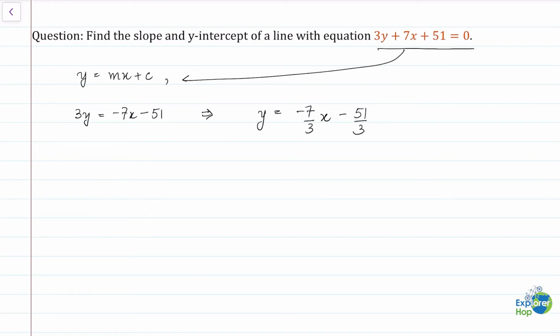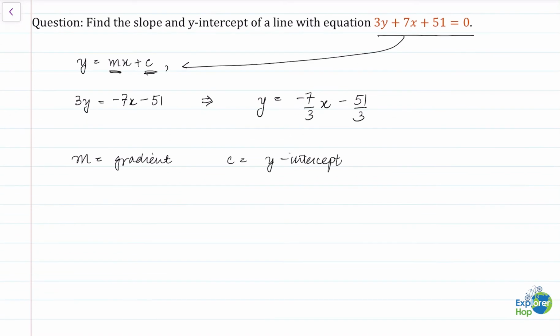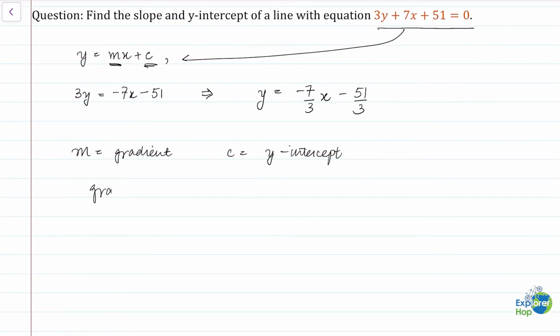So we know that in the standard form, the gradient of the equation is always m, that m is the gradient and c is the y-intercept. So we can easily find that the gradient of this line is minus 7 over 3.